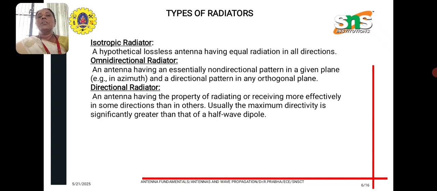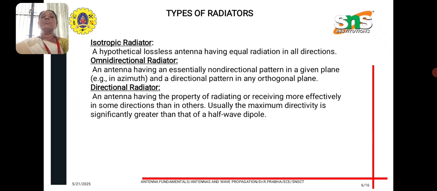Next comes the omnidirectional radiator. Here the antenna has an essentially non-directional pattern in a given plane and a directional pattern in any orthogonal plane. The third category is the directional radiator. Here an antenna has the property of radiating or receiving more effectively in some directions than in others.